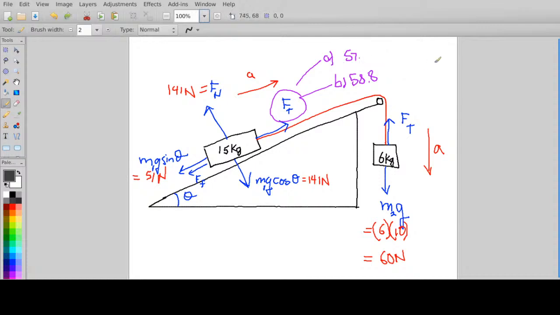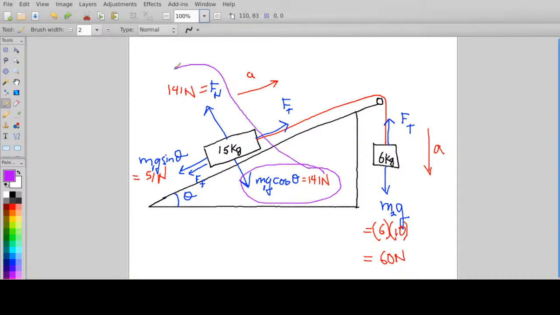Let me clean the diagram up a bit here. Over here, we did rethink this and we said it doesn't change. We rethought that and it doesn't change. We rethought this and that doesn't change. So those are the parts that did not change.